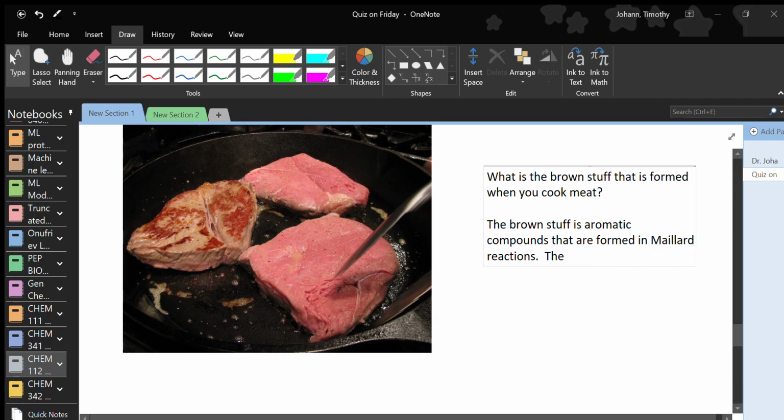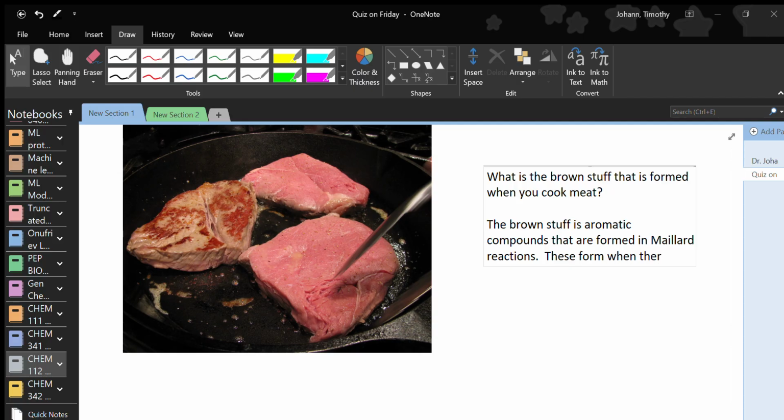So these form when there is a carbohydrate, and there's some carbohydrates in meat. Your muscle stores carbohydrates, the same thing for animal muscles. When there's a carbohydrate, a protein, and temperatures over 120 degrees Celsius.